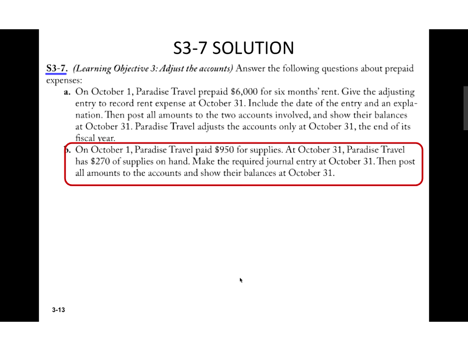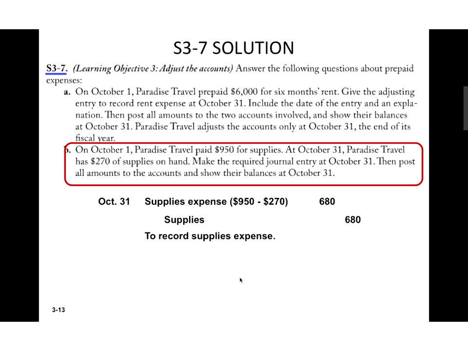Okay, so if we started with $950 and now we have $270 of supplies left, the difference between them is what we used. It makes sense. Here's what we started with, here's what we've got left. How did we get from there? We used it. So what we're going to see in this journal entry is we're going to debit supplies expense for what we used.